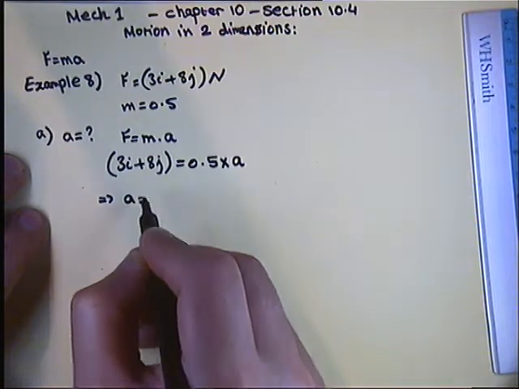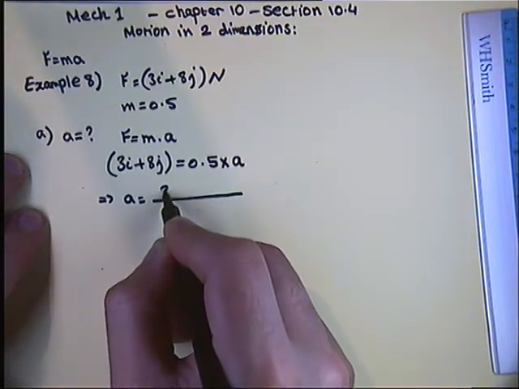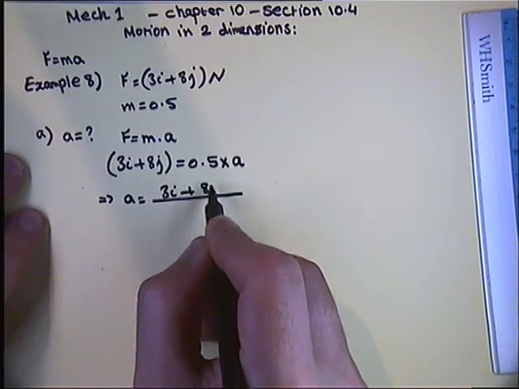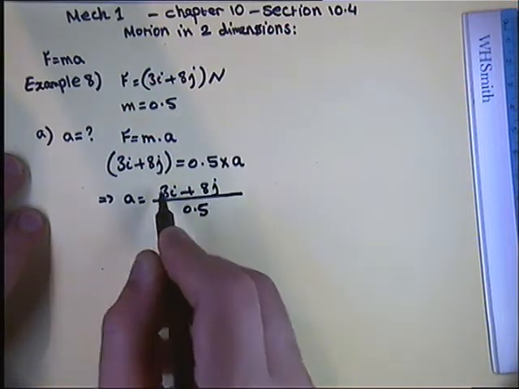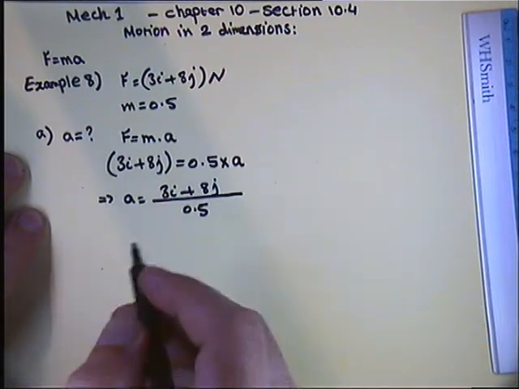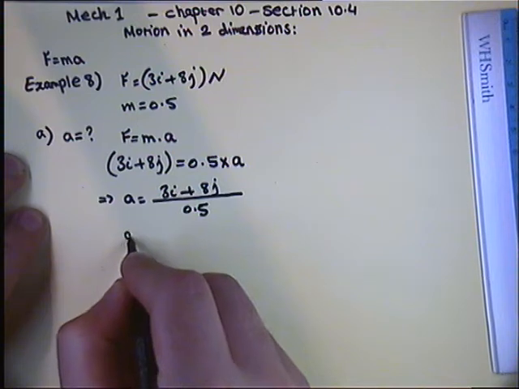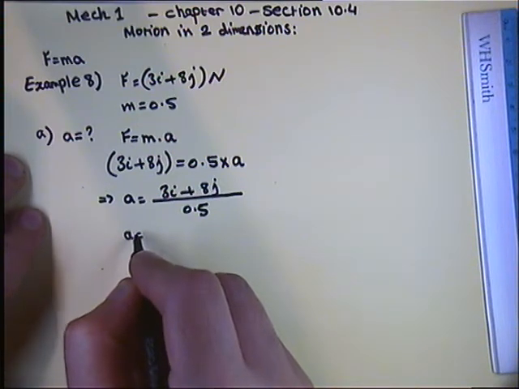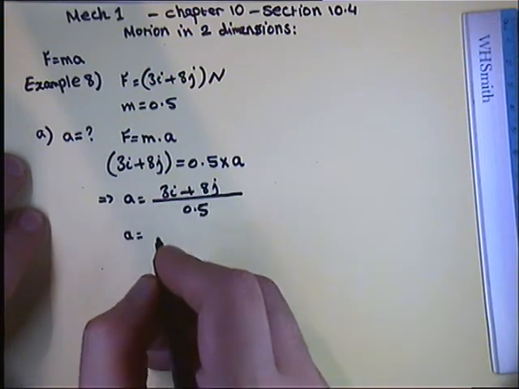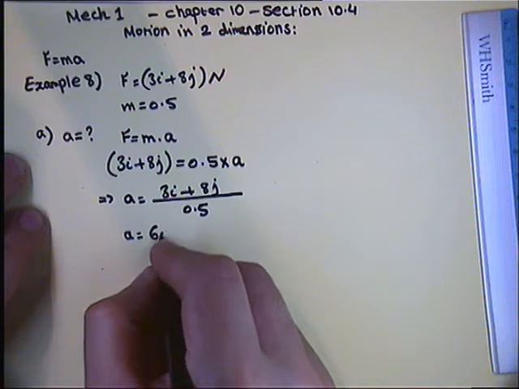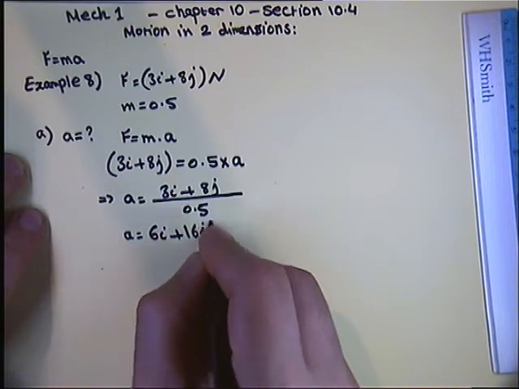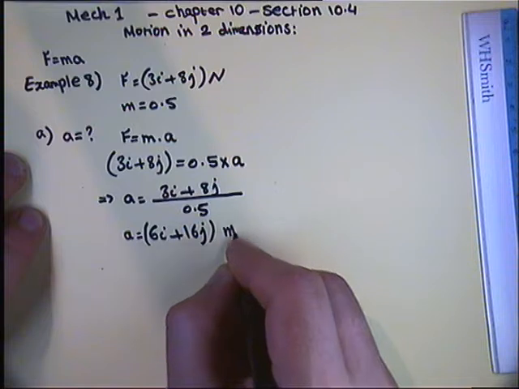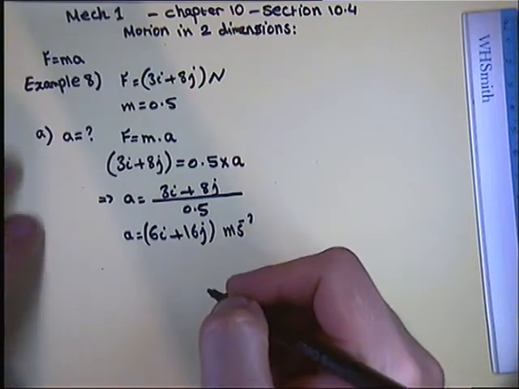Therefore, a equals 3i plus 8j divided by 0.5. So we divide 3 and 8 both by 0.5. a equals 3 divided by 0.5, which is 6i, plus 16j meters per second squared.